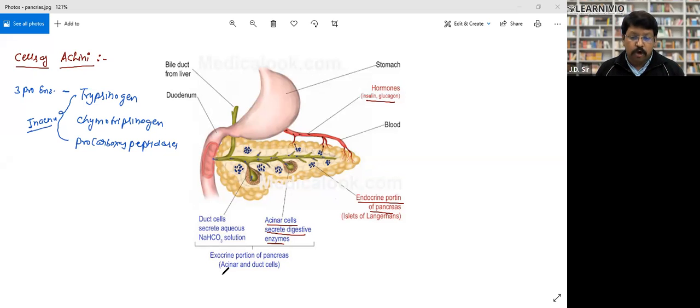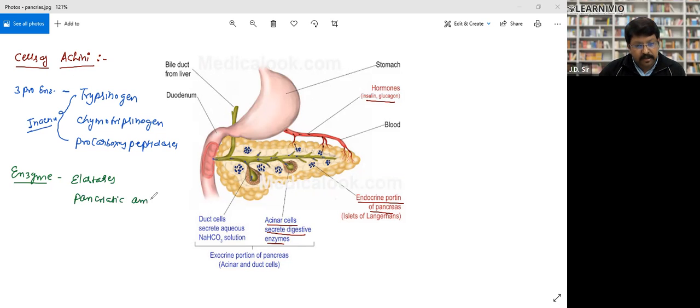And then it also secretes some enzymes, means active enzymes, not proenzymes. These active enzymes are secreted by the cells of acini, from the pancreatic part. These are the elastases, which digest elastin protein. Pancreatic amylases, which are responsible for digestion of starch. DNAses, which digest DNA.